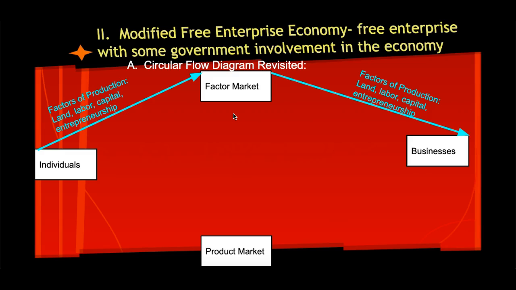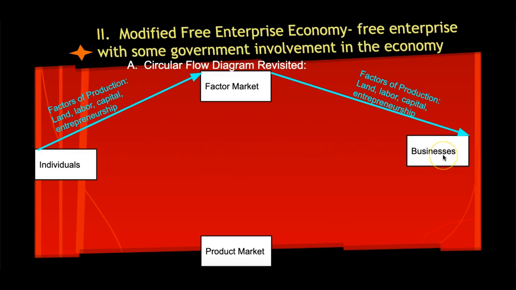Or it could be simply a sign, or a person. Our factor market is just how I know that, for example, that business is hiring. If I have money that I want to invest in a business, I want to decide what business to invest in. That'd be capital, by the way. I could potentially go to a financial planner or stockbroker. They're going to be my factor market. So remember, the factor market is our go-between.